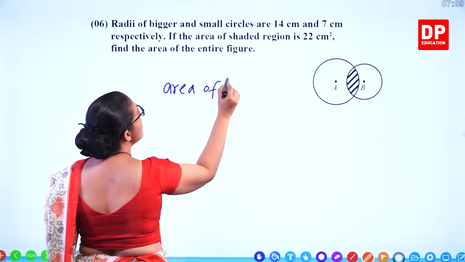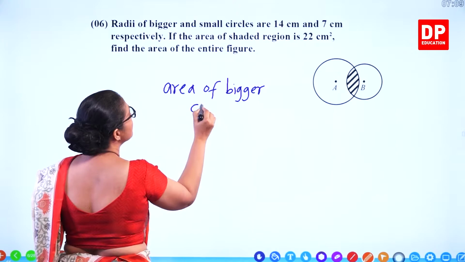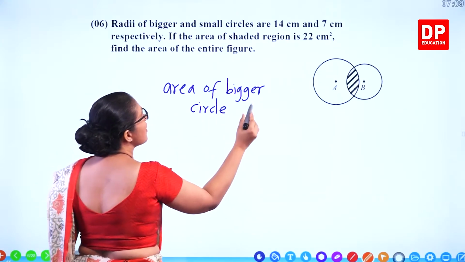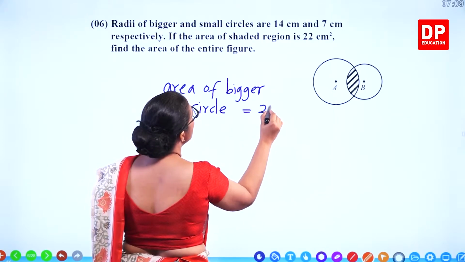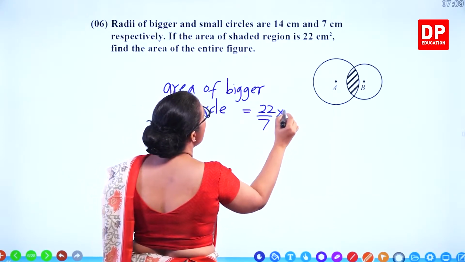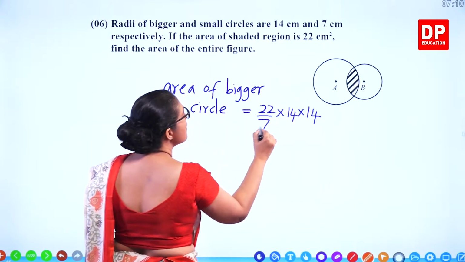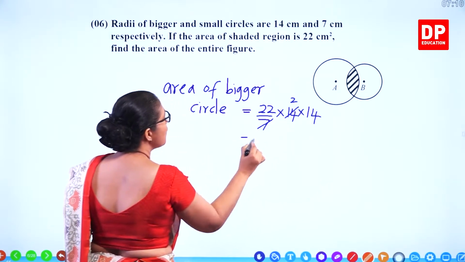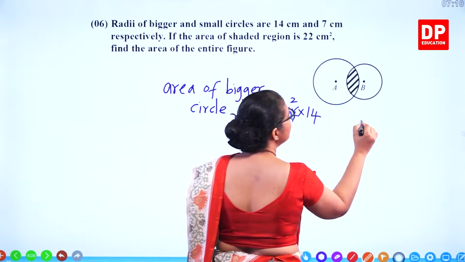Area of bigger circle is pi r squared. So 22/7 times 14 squared. So 7 times 2, you get 44 times 14.